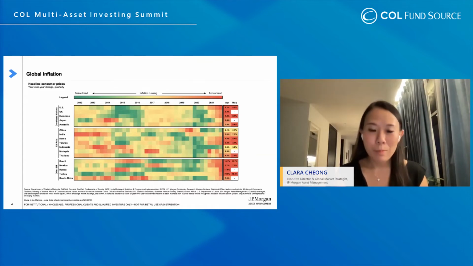And then if we think about reopening-linked inflation, and I'm sure all of us have been experiencing this as well, trying to book an air ticket now is so much more expensive than it was in the past. All of these things in combination have led to these high inflation numbers that we're seeing today. But that's at a headline level. And we think that these forces should normalize over time.